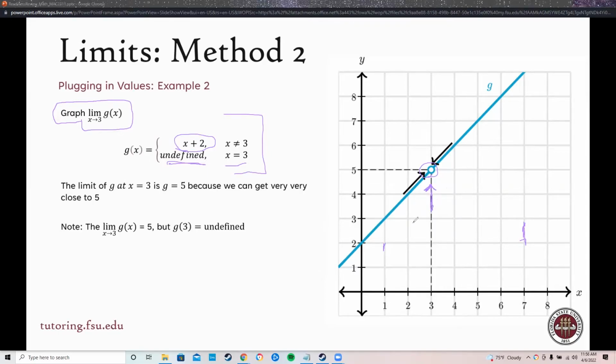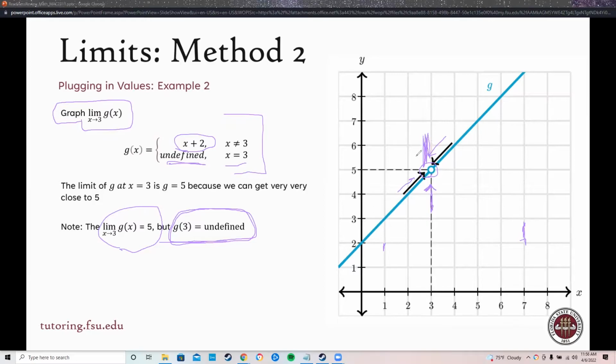If I'm evaluating the limit at x equals 3 from both sides, I see that the value from the left-hand side and the right-hand side still approach 5. So we say here that the limit of g of x at x equals 3 is still equal to 5. However, the difference here is that g of 3 is an undefined value. So this is not something that we can take a derivative of.